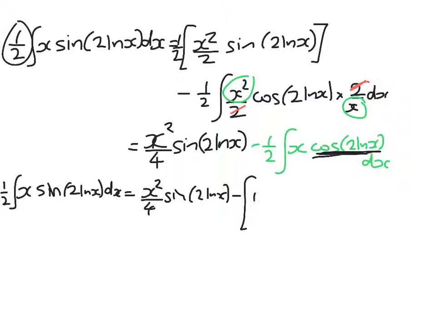Right, so now we have 1/2 times x squared on 2, doing the same thing again, integrating that, and now leaving this.